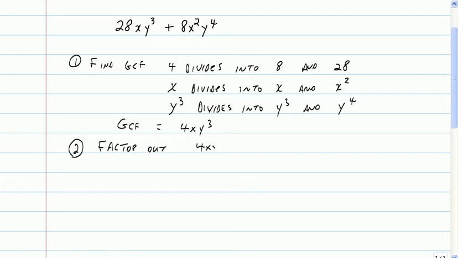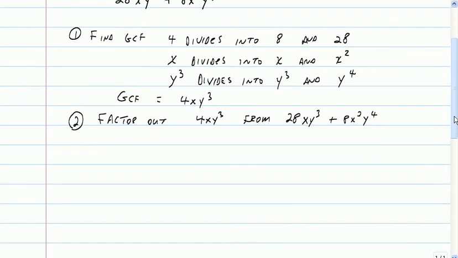The next thing we do is actually factor out the 4xy cubed from the original polynomial, 28xy cubed plus 8x squared y to the fourth. And anytime we factor out the GCF, let's start with the original problem, 28xy cubed plus 8x squared y to the fourth.